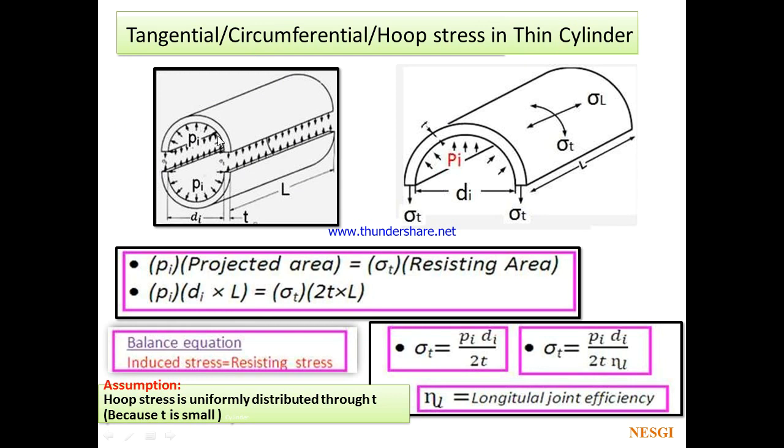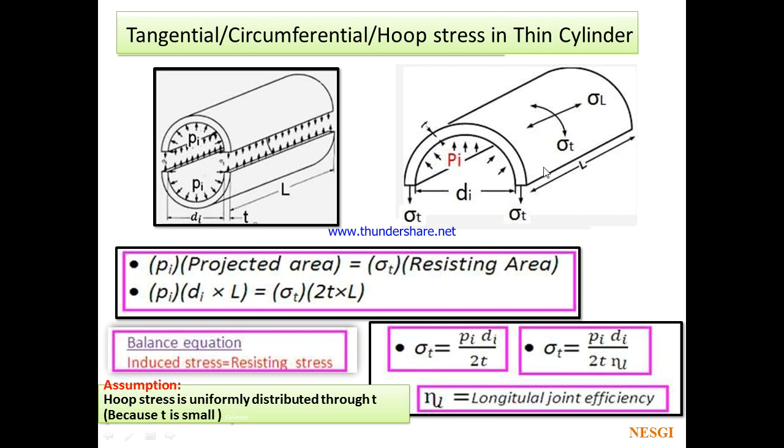Pi is the inside pressure due to the fluid present in the cylinder, Di is the inside diameter of the cylinder, L is the length of the cylinder, and T is the thickness of the cylinder. Here only 50% of the cylinder is considered.